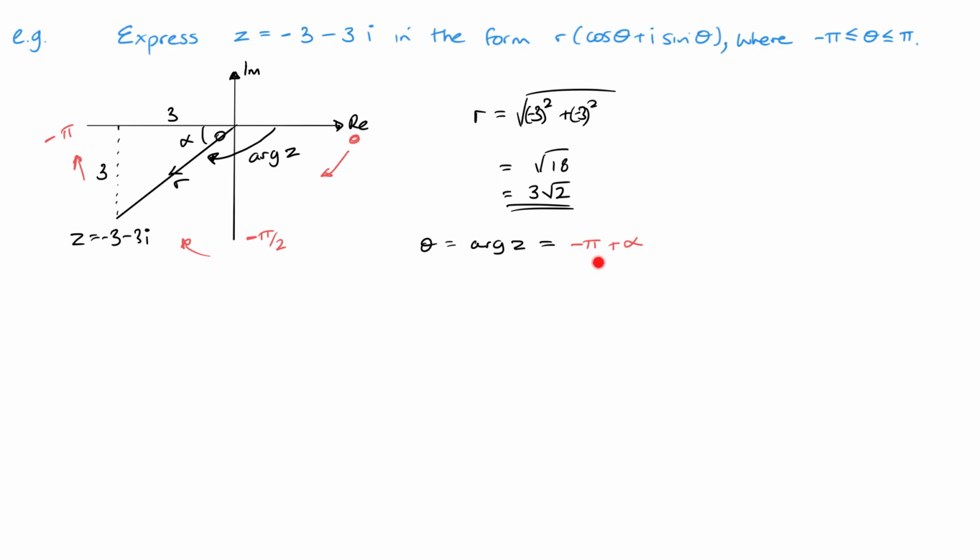Okay, I've written it in red there, but I think in a previous one, there's another way of looking at this, so you could call this minus, and then it's pi minus alpha.